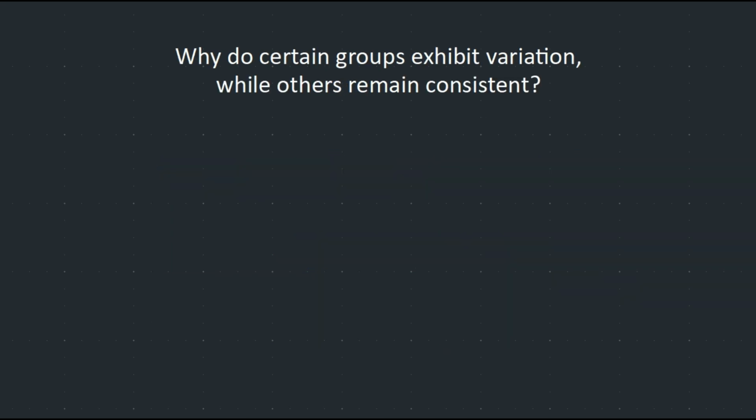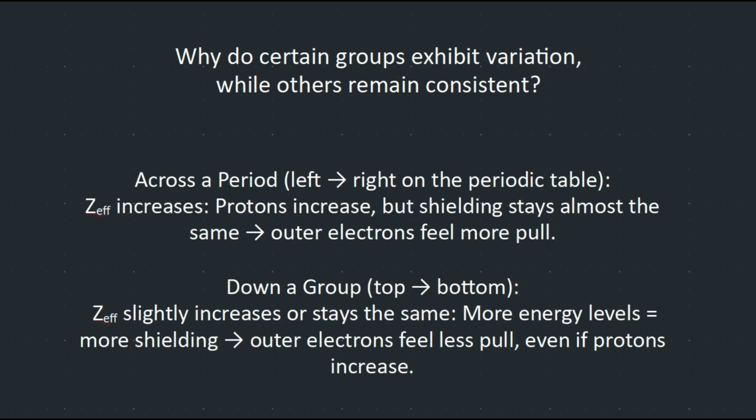Now, why do certain groups exhibit variation while the others remain constant or consistent? The reason is, when we're moving from left to right on the periodic table, Zeff increases because the protons increase while the shielding, that is the inner electrons, will not change. It's as simple as that.